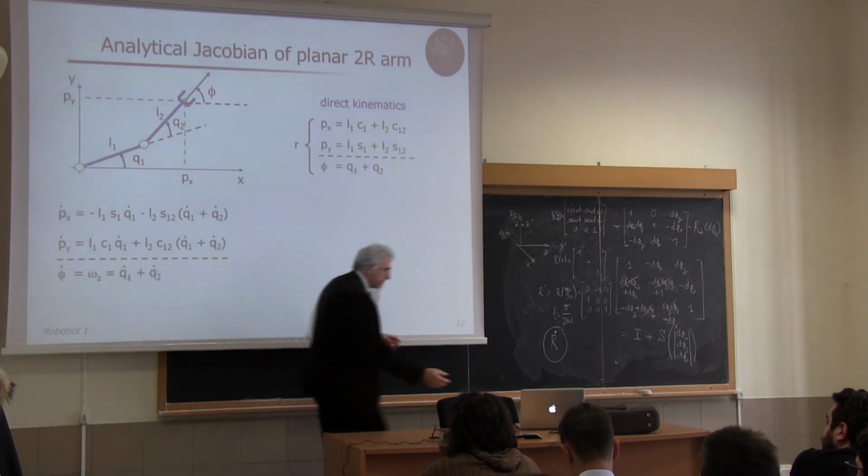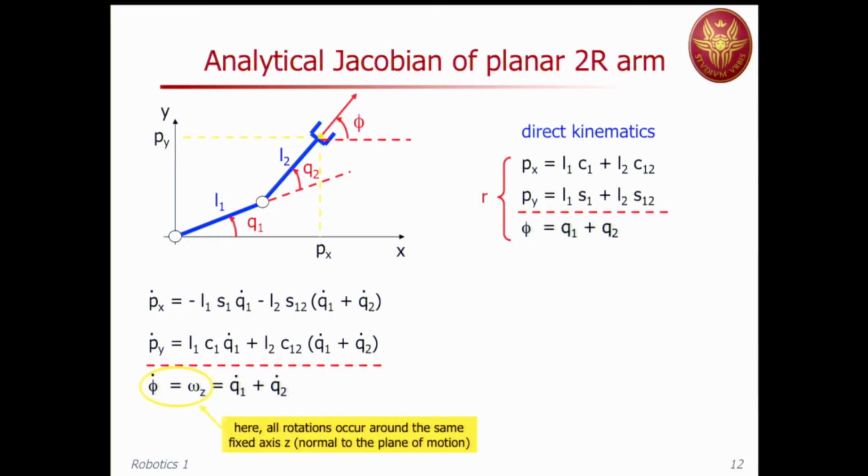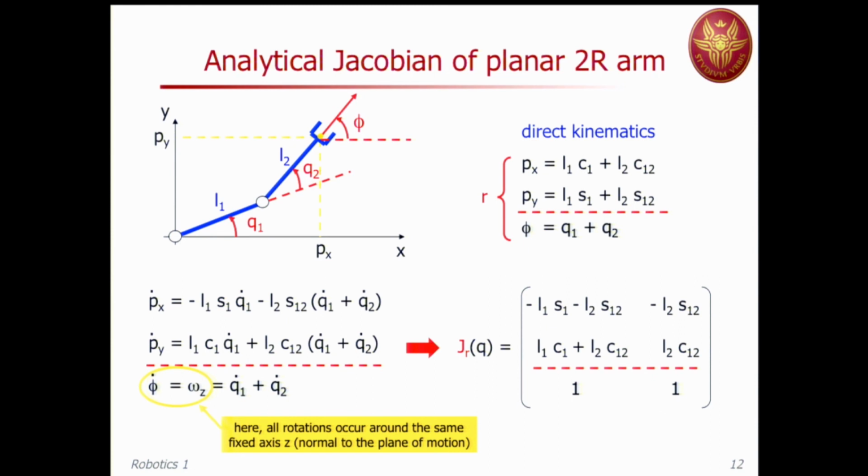The nice form is, I hope I have it. Well, it is this one. I just need to compute the Jacobian, because I know that this Jacobian multiplied by q1 dot, q2 dot will give px dot, py dot, phi dot.